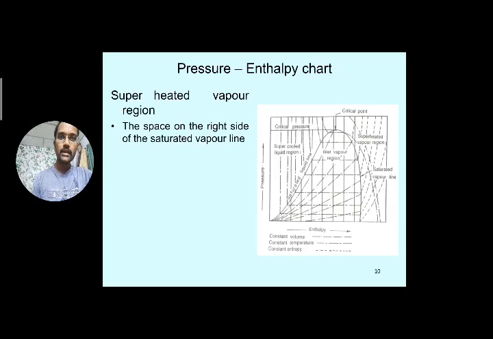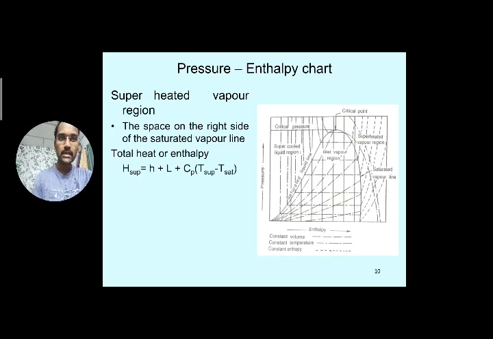Next, the third region is the superheated vapor region. This is the space on the right side of the saturated vapor line. Above this, the region present is the superheated vapor region, where the total heat or enthalpy can be found using this mathematical formula.